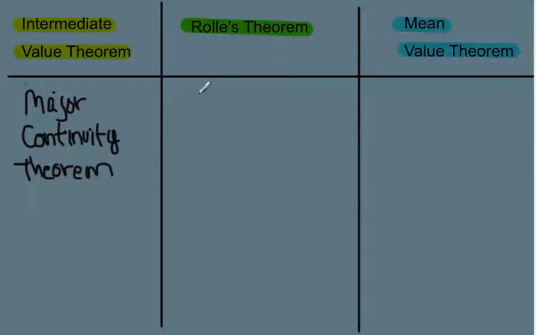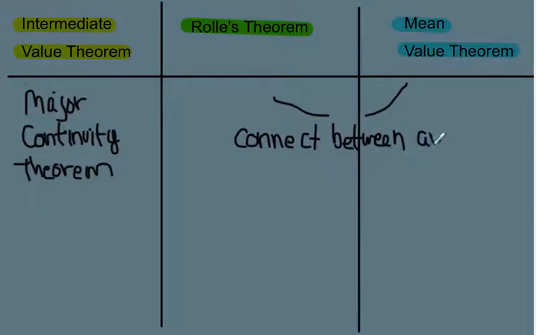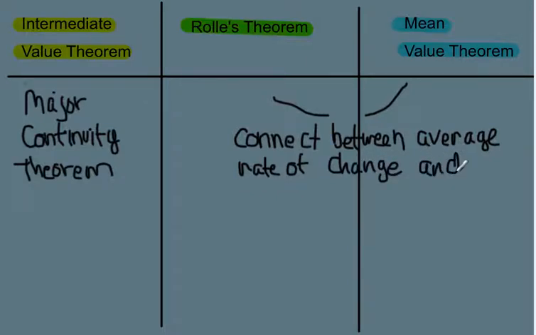Now, Rolle's theorem and the mean value theorem are going to be special in that they both make a connection between the average rate of change and the instantaneous rate of change.